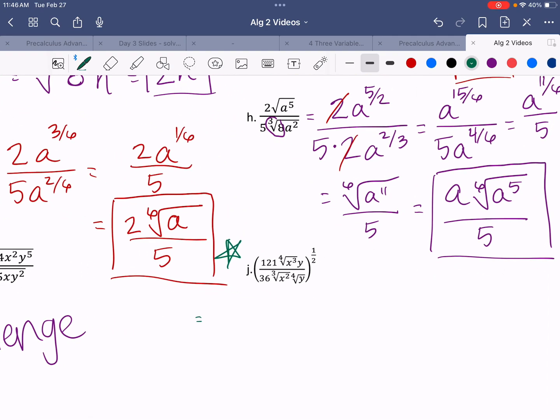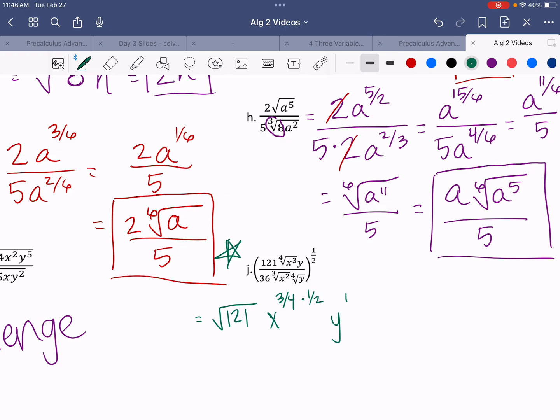We're going to have the square root of 121, or write it to the 1/2 power. My brain applies the 1/2 power better to a whole number, especially one I know is a perfect square, if I write it as a square root to help me simplify. I have x to the 3/4 power, and it's going to get multiplied by the 1/2 power from the outside.